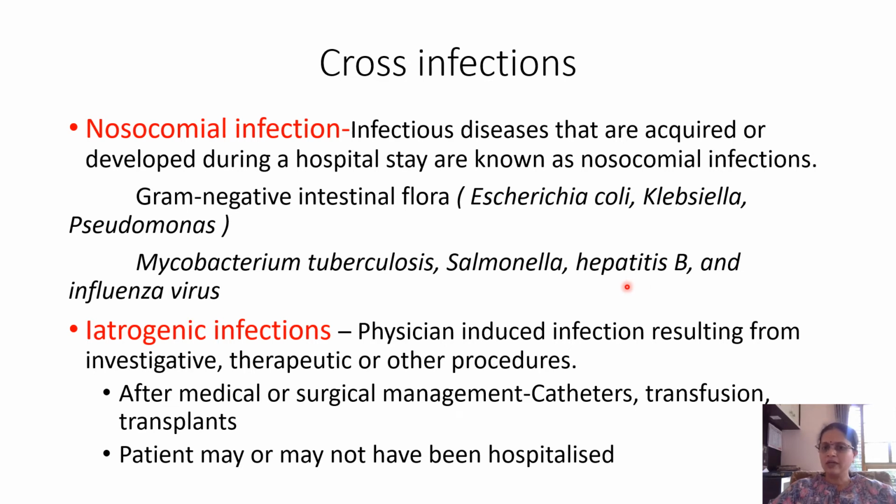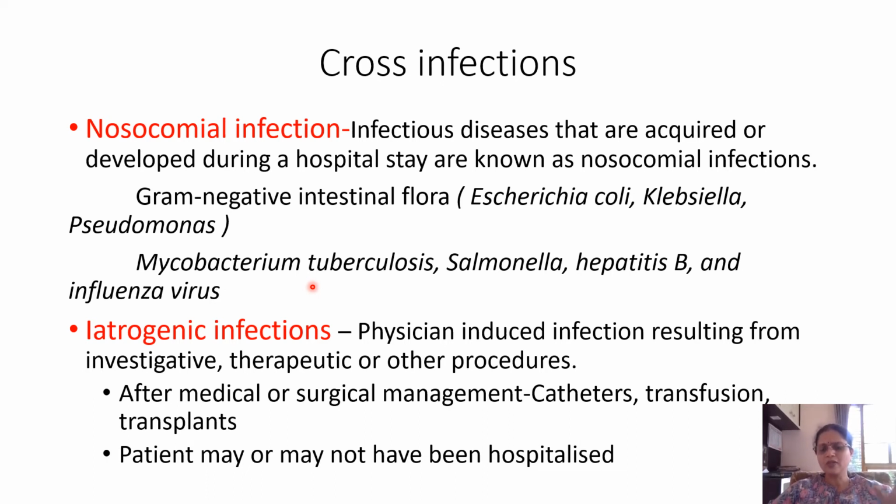So infection in the hospital environment during transfusions might happen. And influenza virus, which very easily gets spread through air. So that virus also can infect in a hospital environment. And of course, Mycobacterium tuberculosis. This is very commonly seen nowadays as nosocomial infection, which also gets spread through droplets.